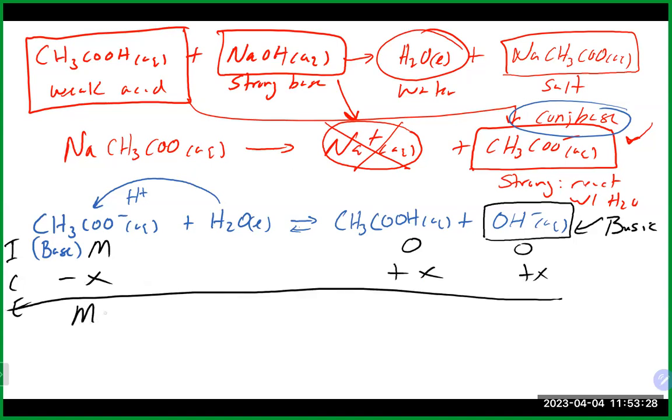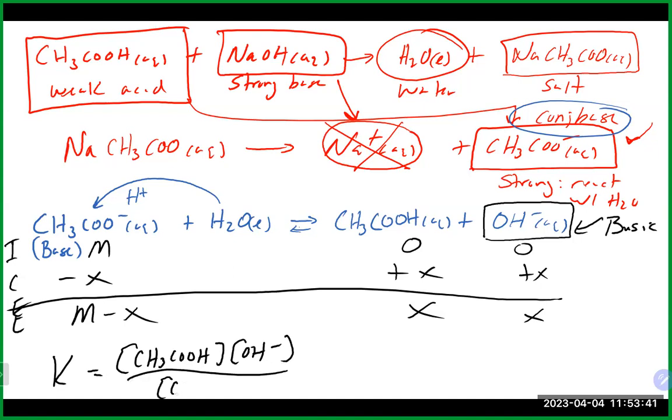Molarity minus X, X, and X. This would go into my K expression, which would be my products over my reactants. And this should be a K. Which K value should I use here? It should be a Kb once again, because I see hydroxide here on the product side.